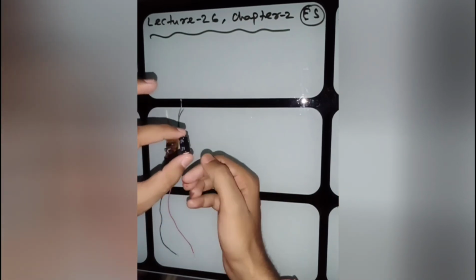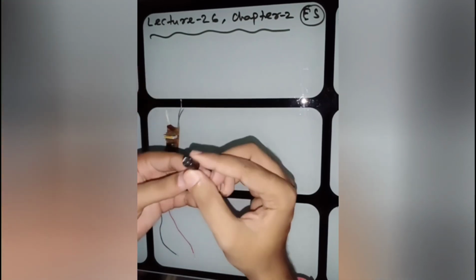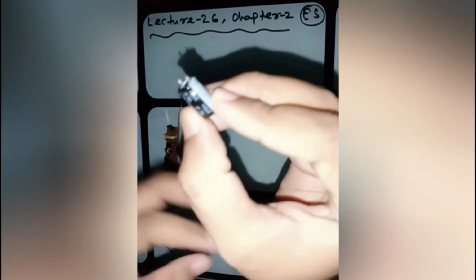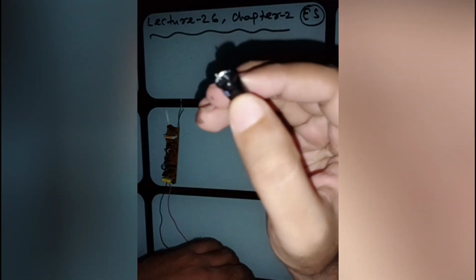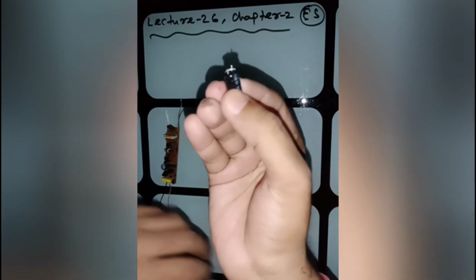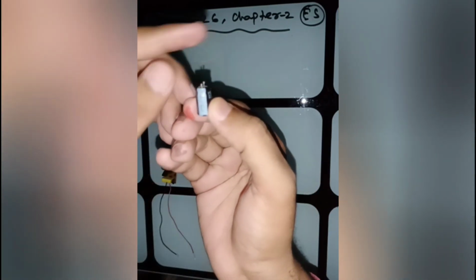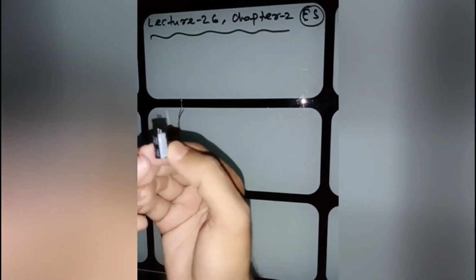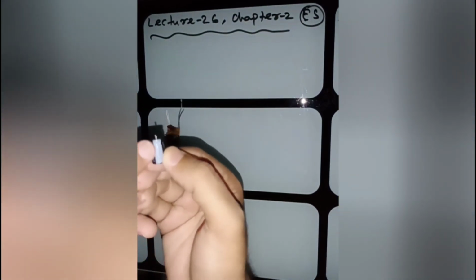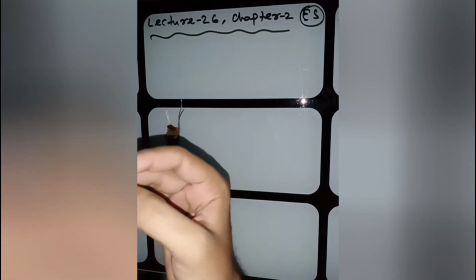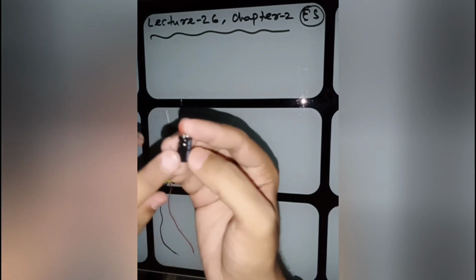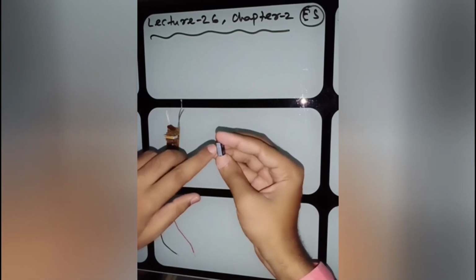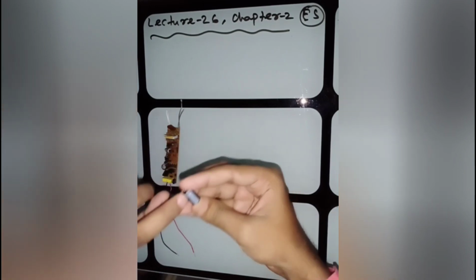This is a capacitor, and this is a cylindrical capacitor, my dear students. I hope you can see this is the negative terminal. It is written here, negative, and on the other side nothing is mentioned. This is the negative side, that's why negative is written over here.